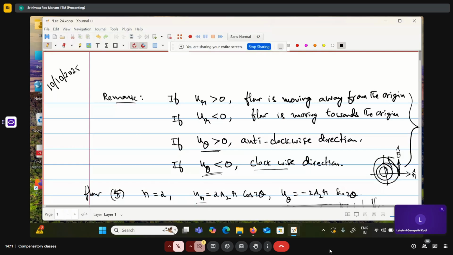If you see psi of x, y is x into y, then xy equal to 0 is actually a streamline. That shows that the x and y axes are streamlines, but they are also stationary points. All these are stationary points. And you have seen that for all n greater than or equal to 3, they are confined, because psi equal to 0 gives the streamlines.